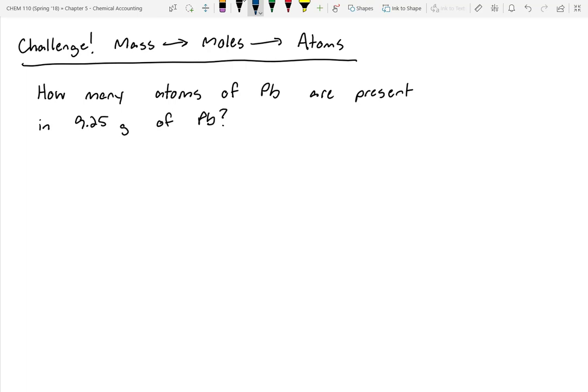We are running a little short on time, so I'll try to guide you through this one and we'll do more practice tomorrow. So we always start out with what we know, which is we've got 9.25 grams of lead.